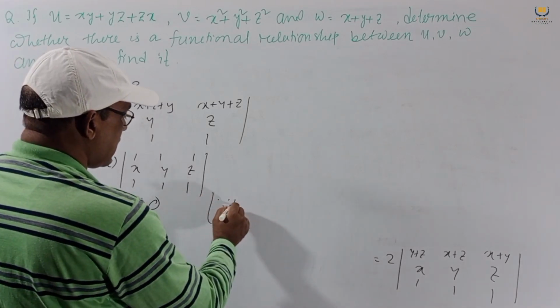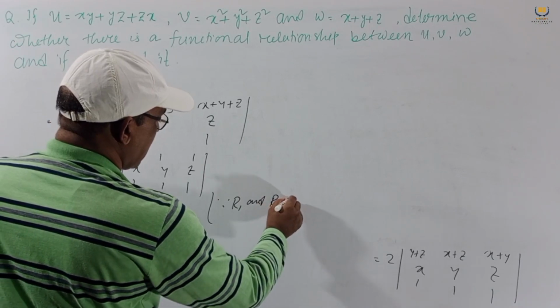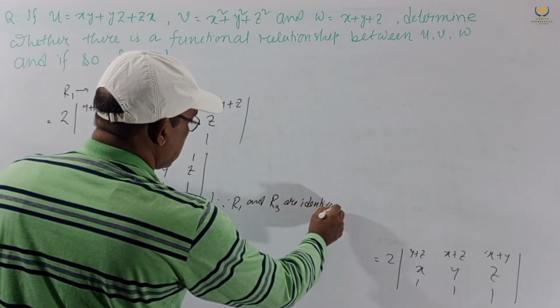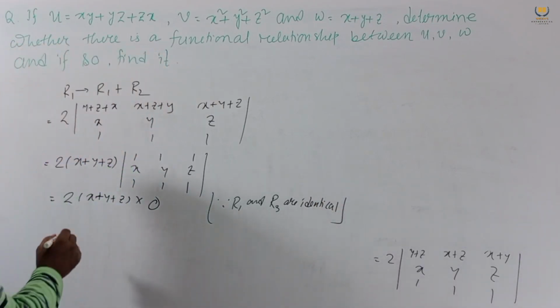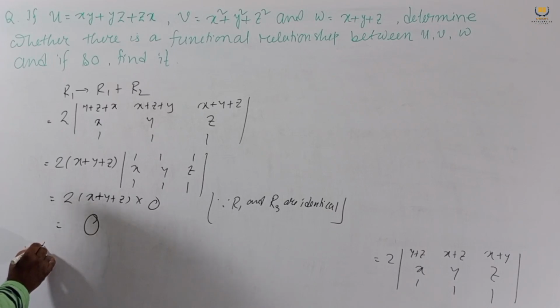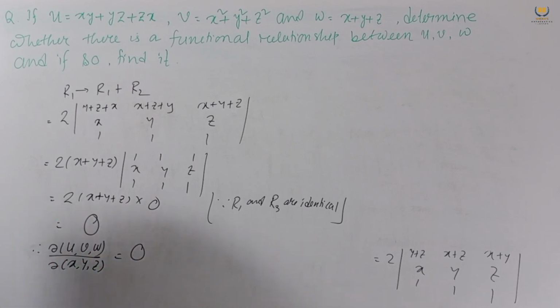and this is 0 because the first row and third row are identical. Since r1 and r3 are identical, these 2 rows are identical, so this value is 0. Therefore del(u, v, w) by del(x, y, z) equals 0.